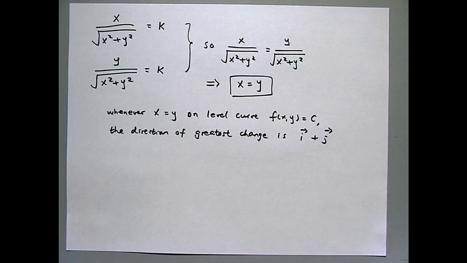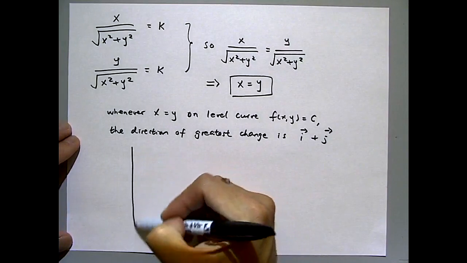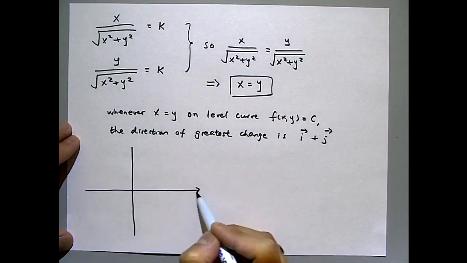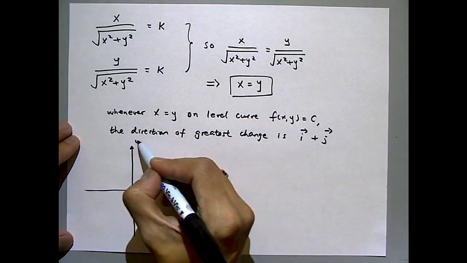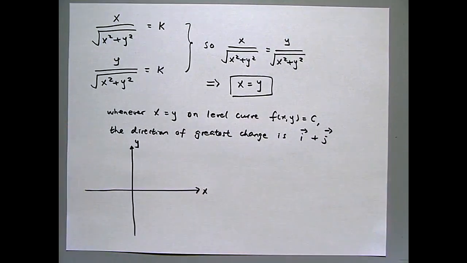Okay, so let's see what's going on here. All right, remember our function here: f of x y is equal to radical x squared plus y squared.